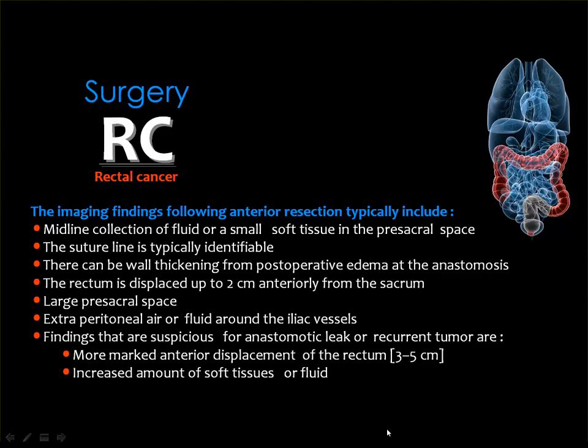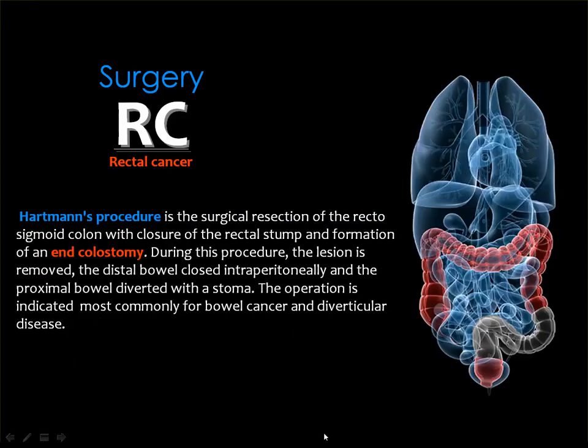Then when to suspect that there is anastomotic leak or recurrence of the tumor, if you detect marked anterior displacement of the rectum for more than 3 to 5 centimeters or increase in the amount of soft tissues or fluid.